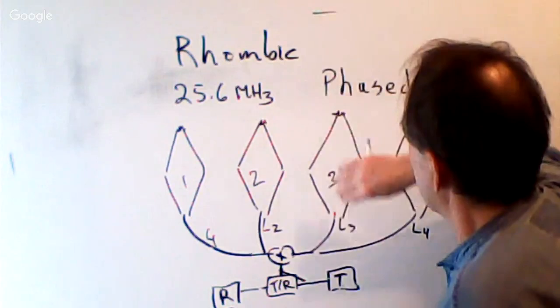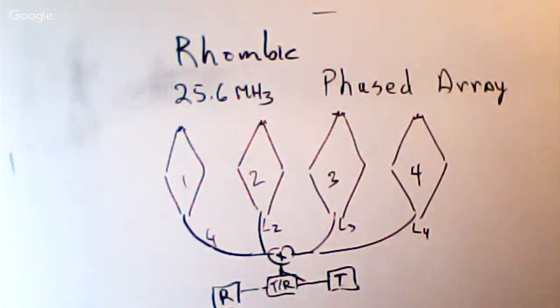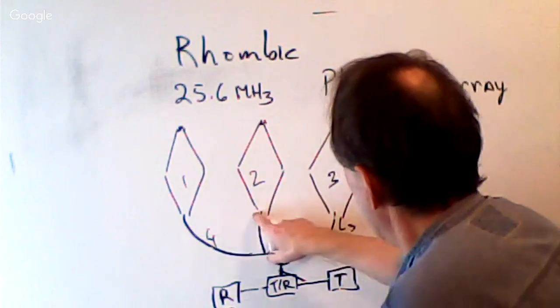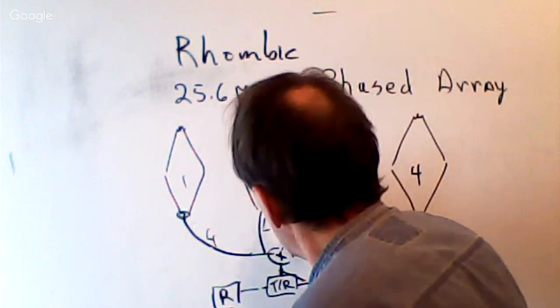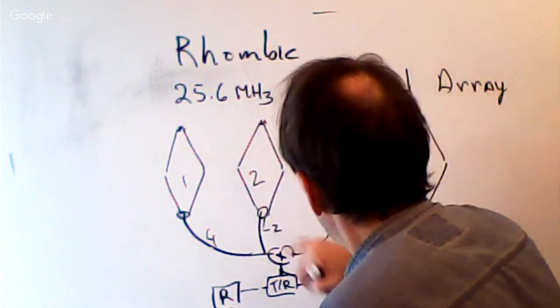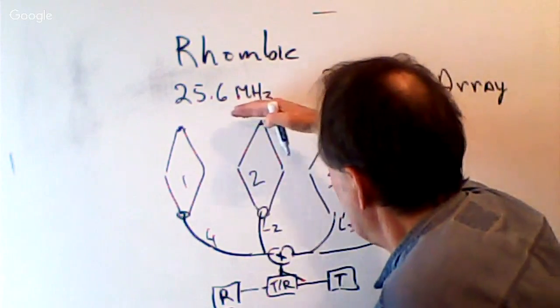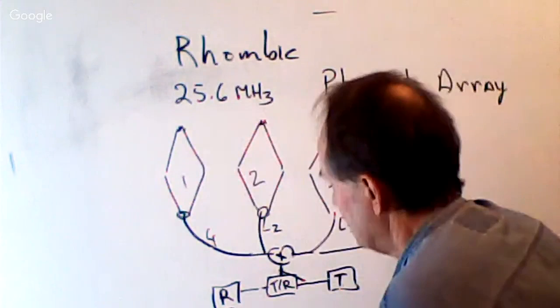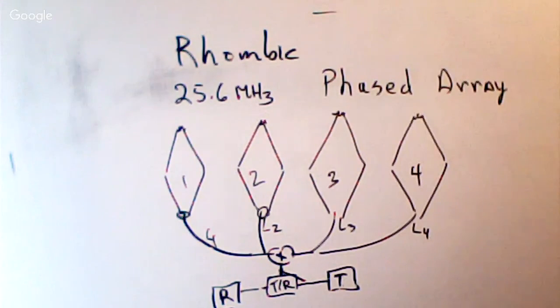You receive equally going out the front as you do out the back. And you typically feed these rhombic antennas at one of the acute angles on the rhombus. And then the other end, again, you terminate in a resistor or you leave it open depending upon what you want the characteristics to be.